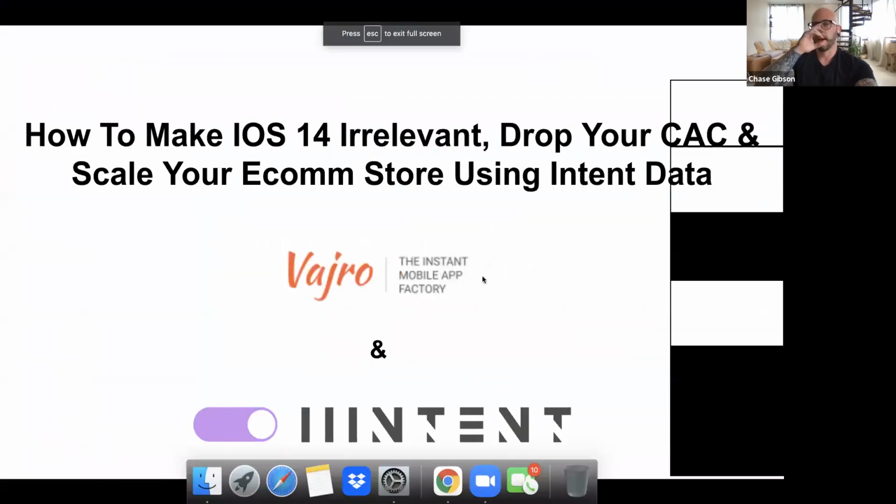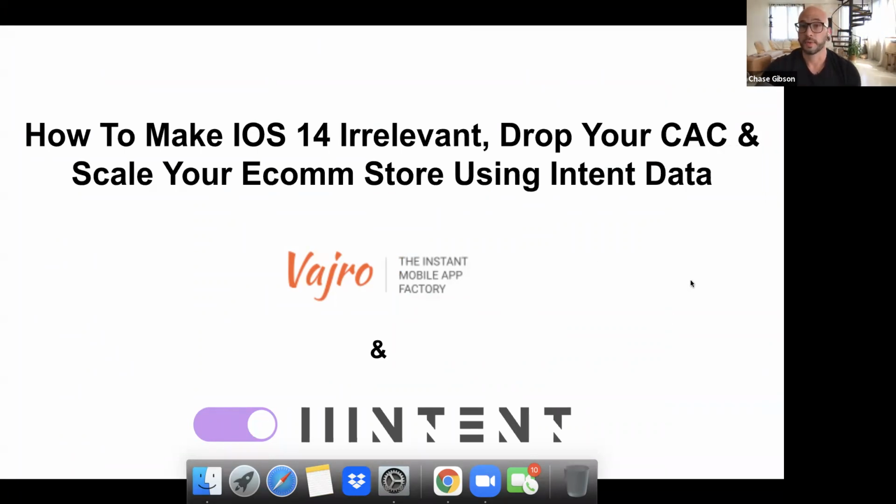So number one, basically iOS 14 proofing your business. If you're an e-com store owner, you've more than likely been affected by the changes on Facebook and the retargeting window going down from 60 days to 7 days. There's a lot of different things going on in Facebook right now that are making it more difficult to scale up and actually increasing customer acquisition costs for a lot of people.